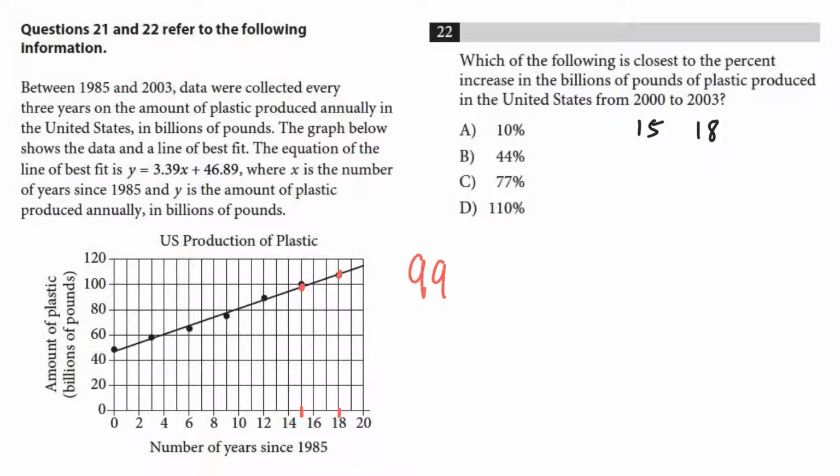That looks like it's 99 in 2000, and then in 2003, it looks like maybe it's 108. Okay, so that would be an increase of 9 billion pounds of plastic.